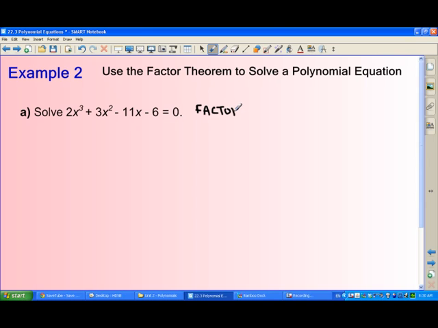So I'm going to look for factors of 6 divided by all the factors of 2.